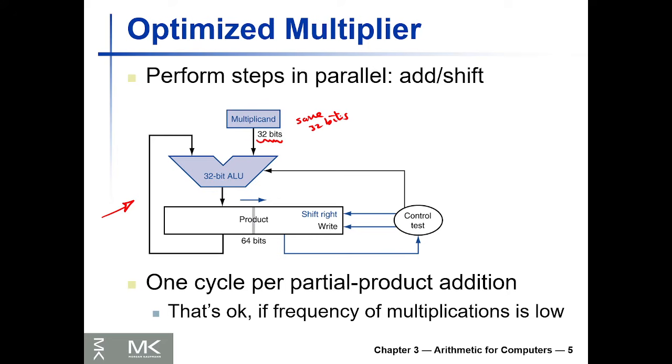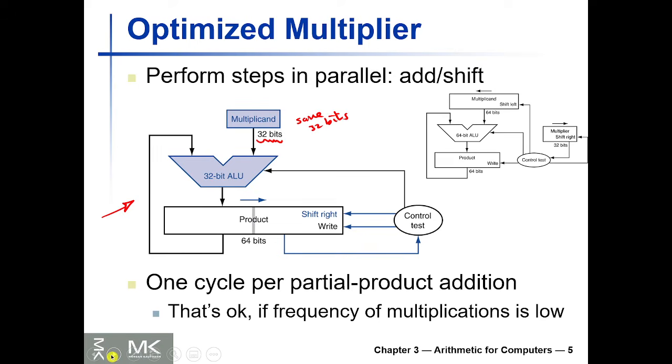And if we go back and draw the original circuit, we have here the multiplier register, 32 bits. Here there is no multiplier register.